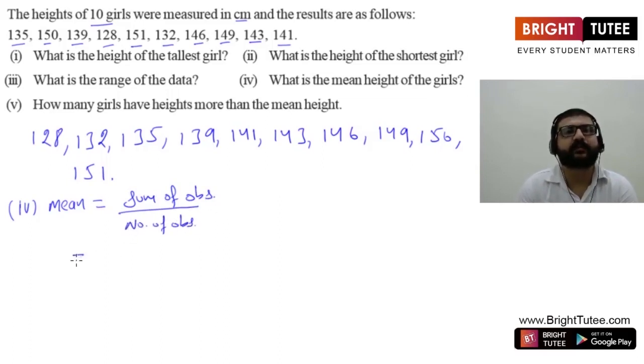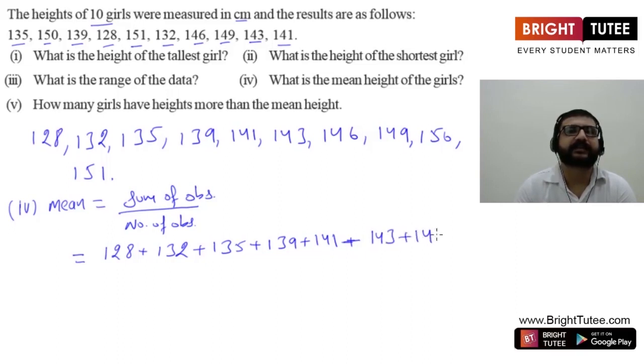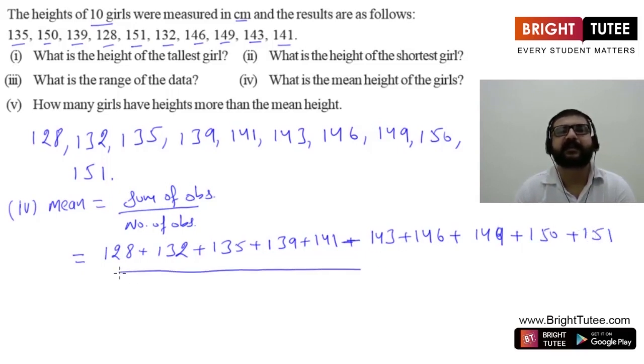So this will be equal to the sum of all the heights here: 128 plus 132 plus 135 plus 139 plus 141 plus 143 plus 146 plus 149 plus 150 plus 151, and this will be divided by the number of observations.